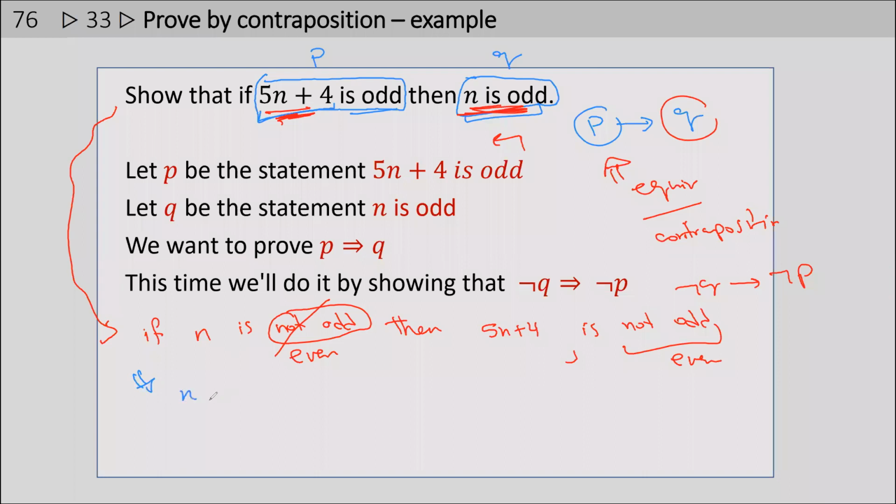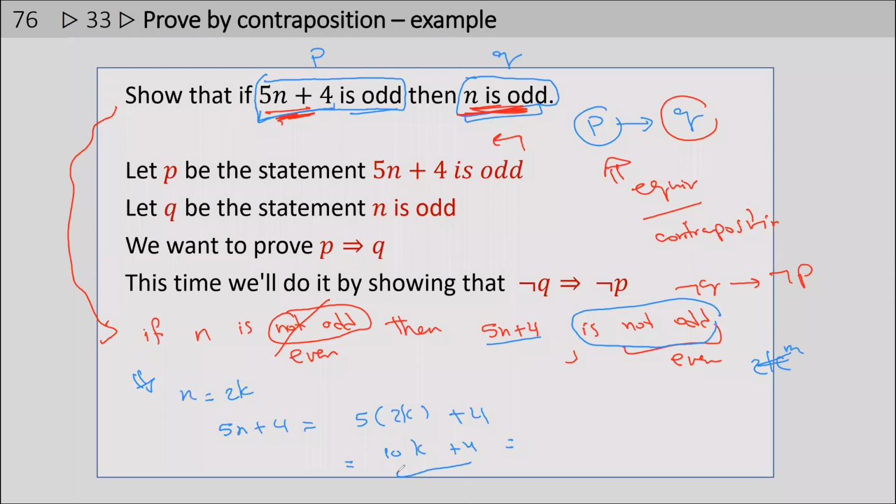أنا n is even so it could be written as twice k where k is an integer. So now you need to substitute and calculate 5n plus 4. So 5 times twice k plus 4 is 10k plus 4. وأنا عاوز أثبتها على إنها even، يعني أحطها على هيئة twice an integer number.